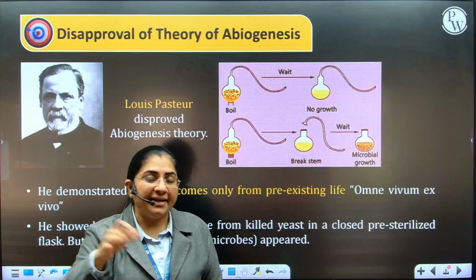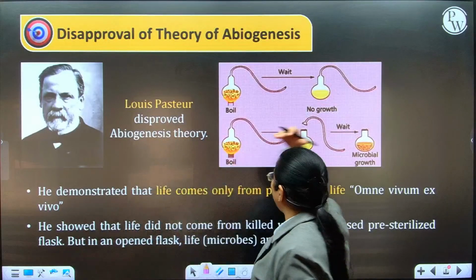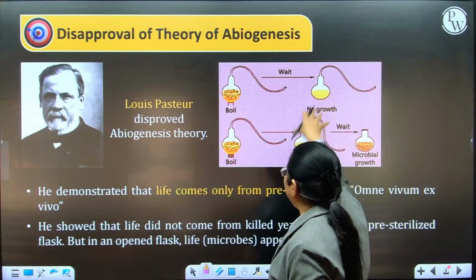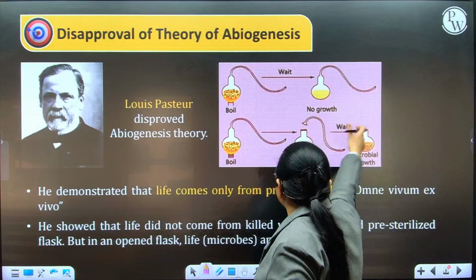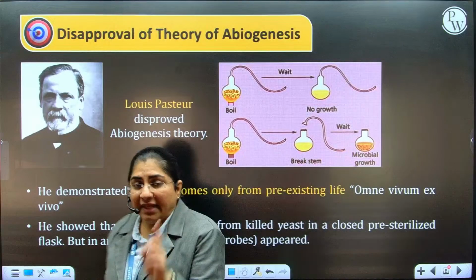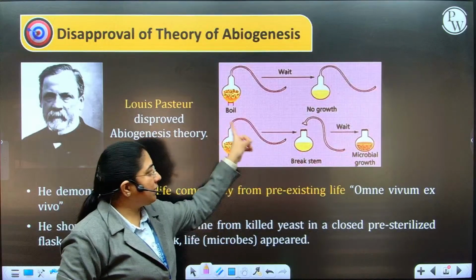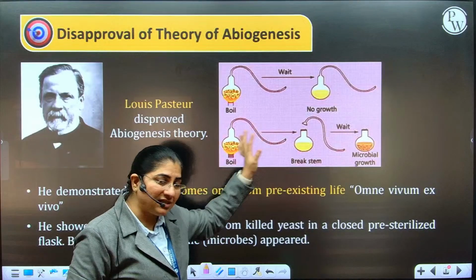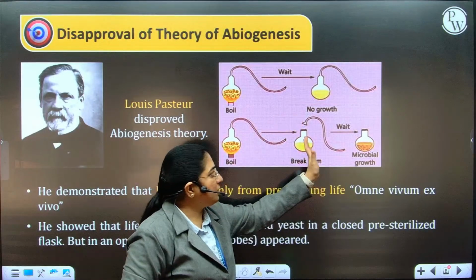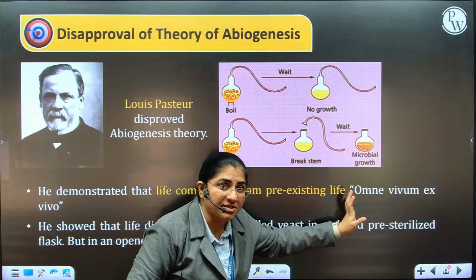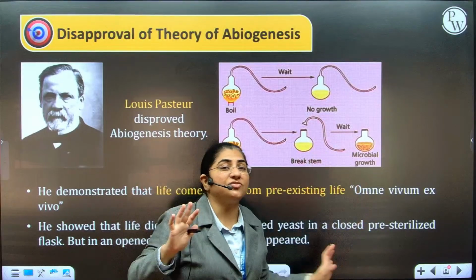Later on, after a few days, he cut open the neck of the flask and let it open to the atmosphere, and he saw that there was a lot of microbial growth in the yeast, indicating that if yeast did not grow in the pre-sterilized flask in the killed yeast infusion, which was closed, and when it was open to atmosphere, life came into existence in this, it did not indicate that life comes from killed yeast.